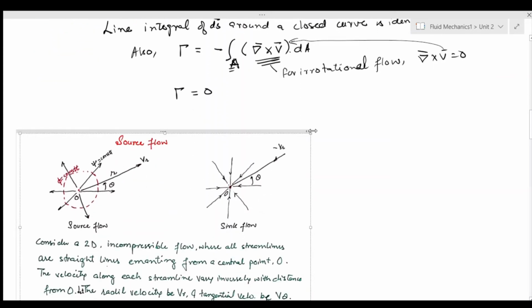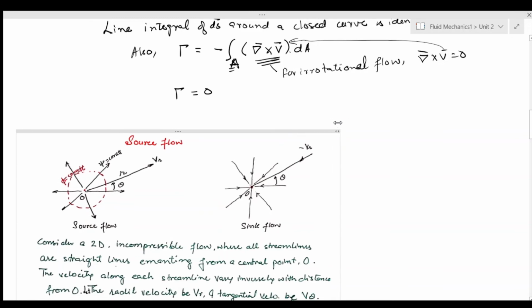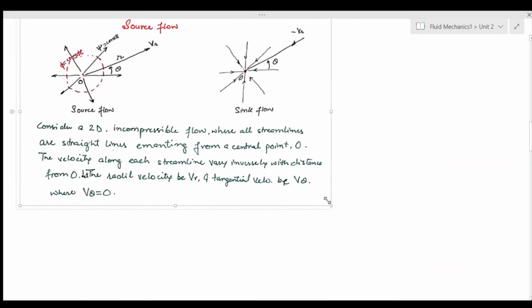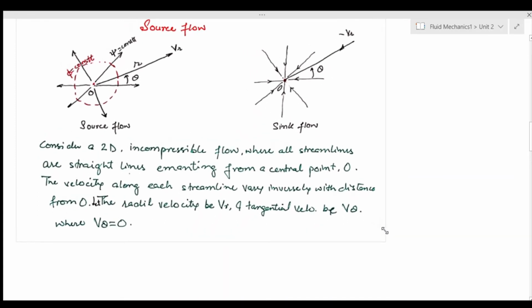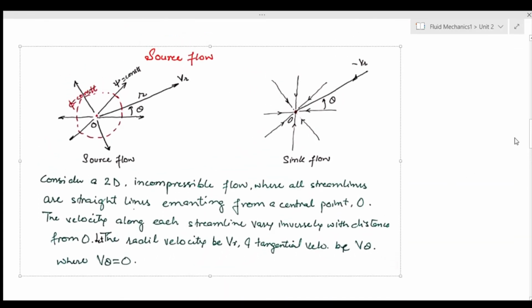You would see that in our second case also. So the second case which we are going to study would be source flow. The first case which we studied was that of a uniform flow, and you were seeing parallel lines.